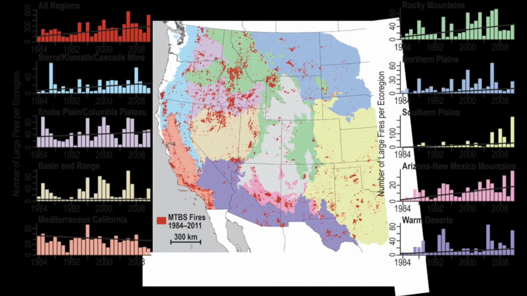And lo and behold, not only are wildfire instances increasing in this entire region, but they are specifically increasing in that region that, just by thinking through the Hadley cell, we predicted we would see increased wildfires.